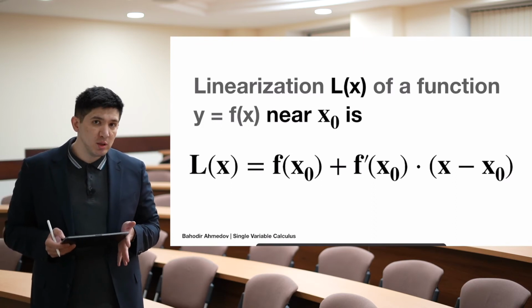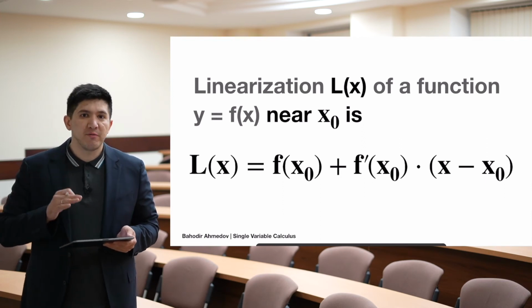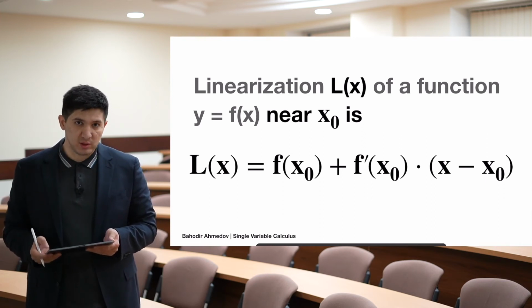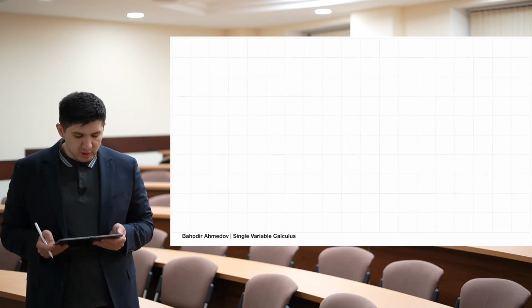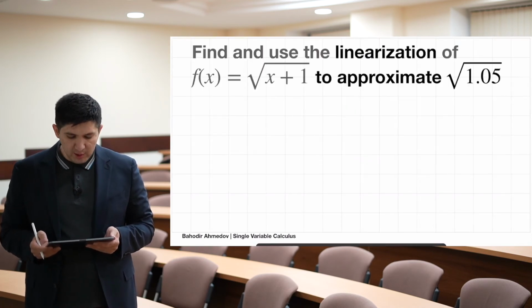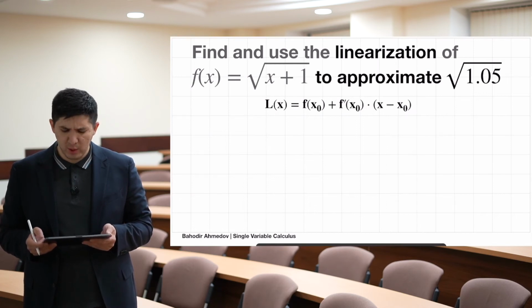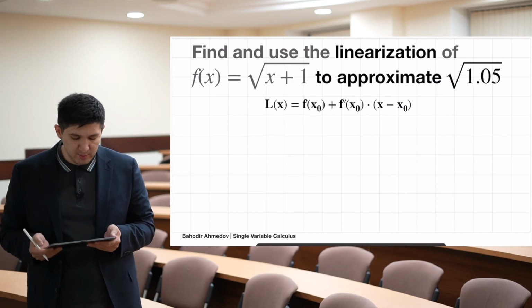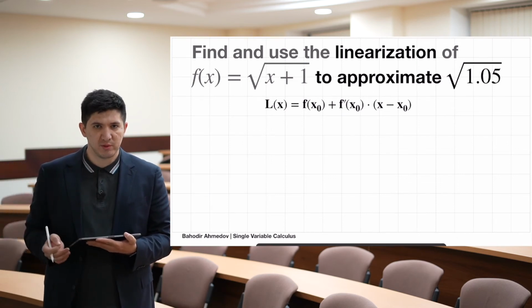What I would like to do is show you a couple of examples of evaluating and using this function. So let's go back to our example, where we needed to find the square root of 1005, right? Or 1005 or 105, it doesn't matter at this stage. So what I want is, first of all, to obtain the linearization of this function.